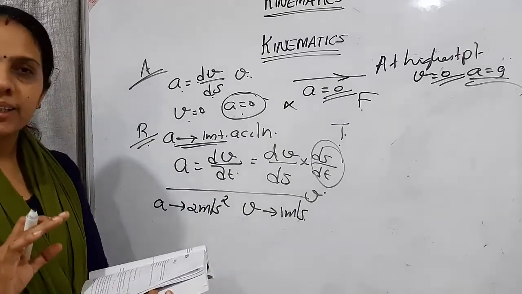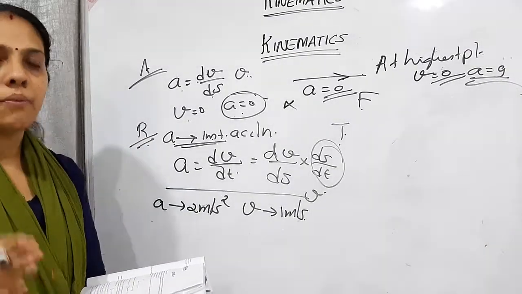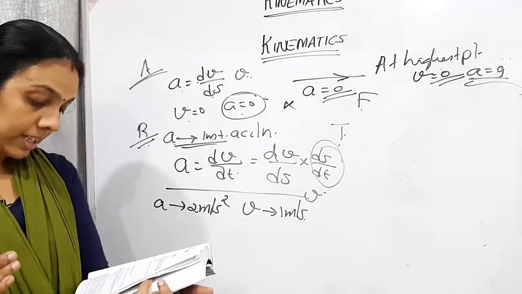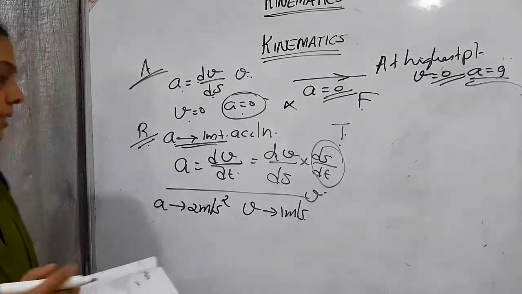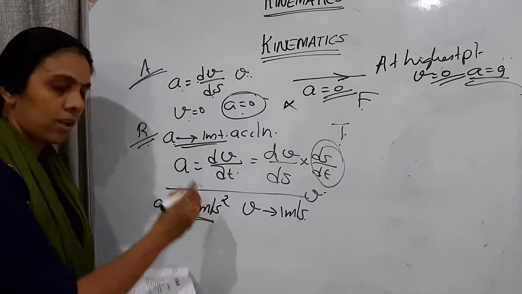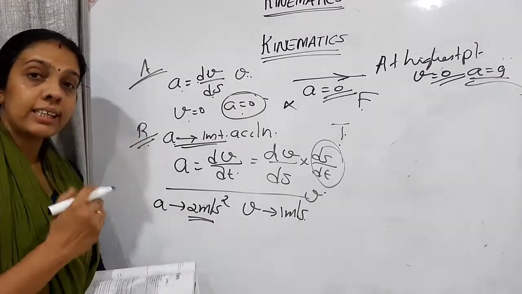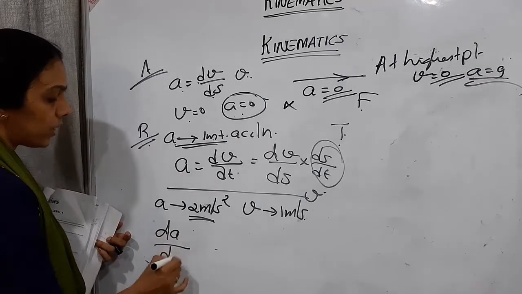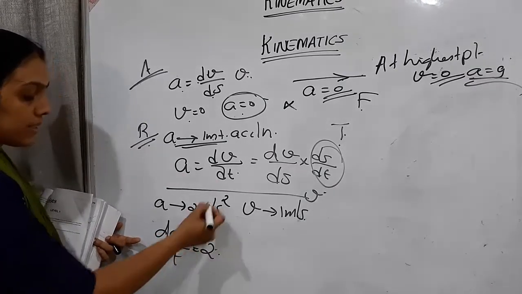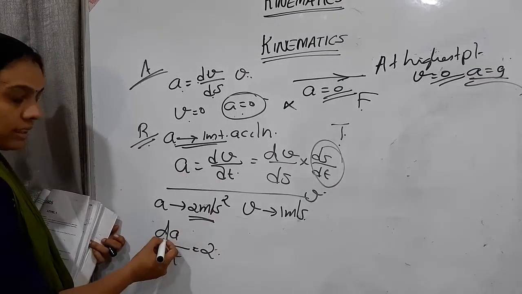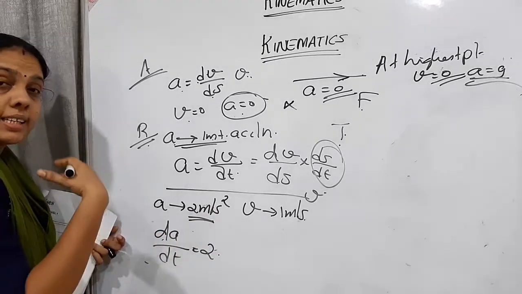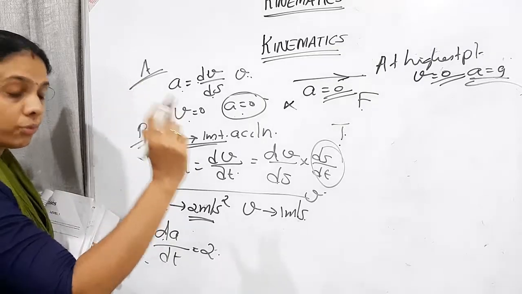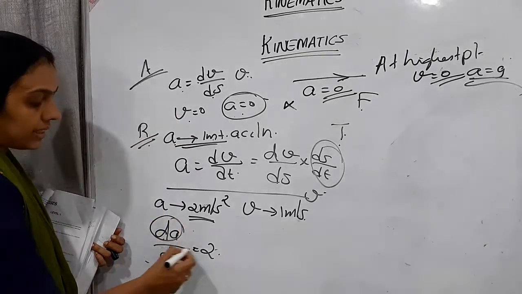The particle starts from rest with zero acceleration, and the acceleration increases at a constant rate of 2 meter per second square. So acceleration is increasing at a constant rate, then dA by dt equals 2.